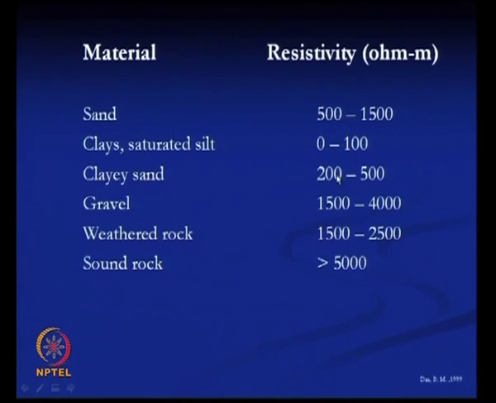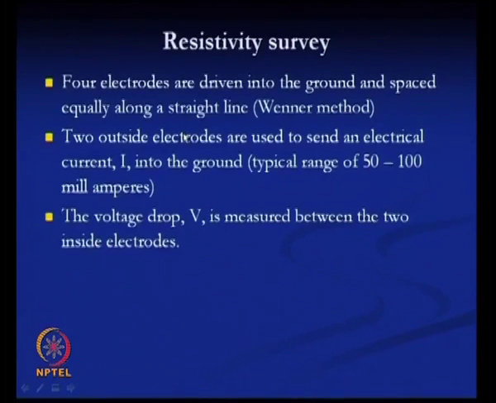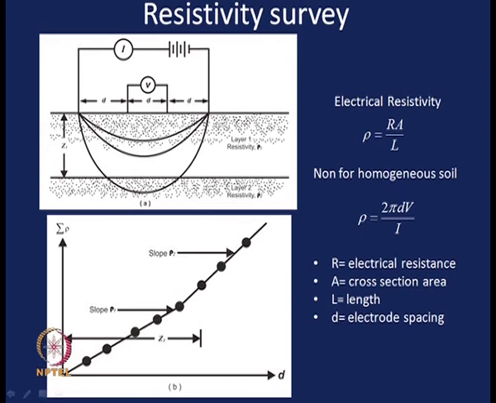For clayey sand, the range is 200 to 500. For gravel, the range is 1500 to 4000. For weathered rock, the range is 1500 to 2500, and for sound rock, the value is greater than 5000. So, if we measure the resistivity of a homogeneous soil layer from the resistivity survey, then we can identify what type of soil it is.